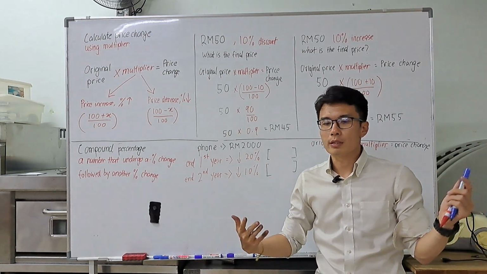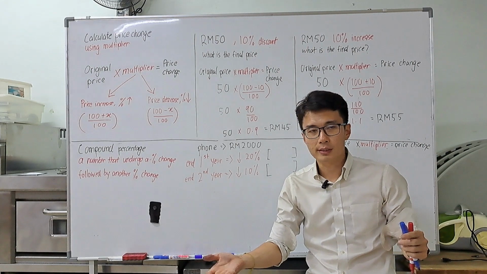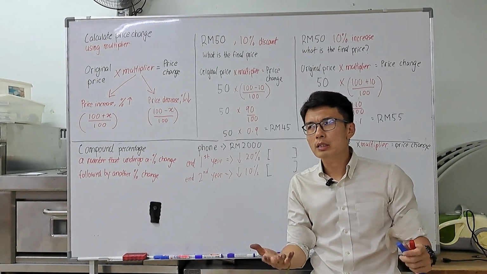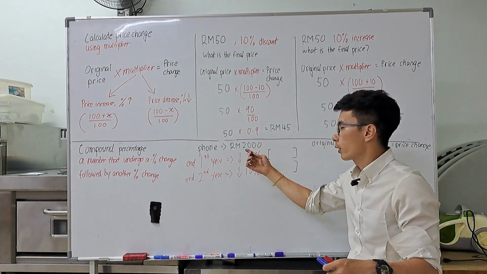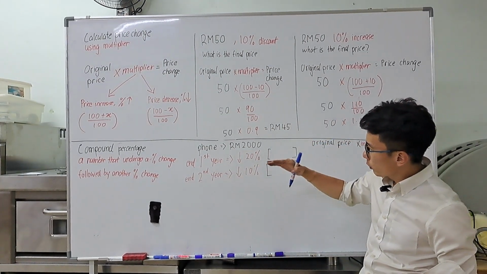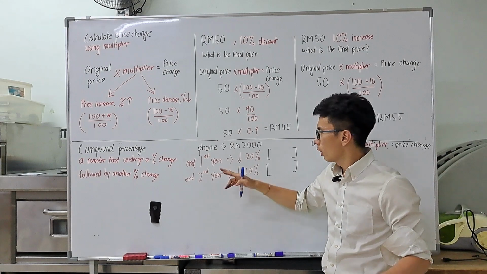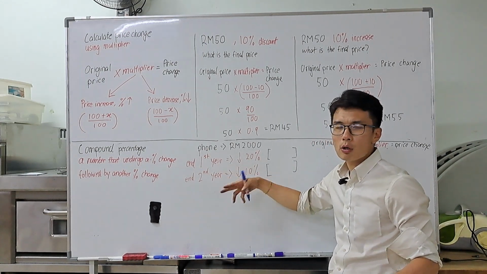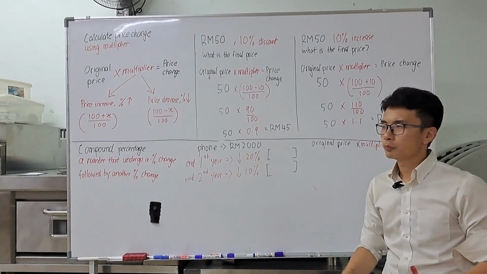If in the end you plan to sell off your phone as a second-hand phone, you will definitely get a lower price compared to the price you bought it at, right? So let's see, based on this calculation, what will be the final price of this phone at the end of the second year?